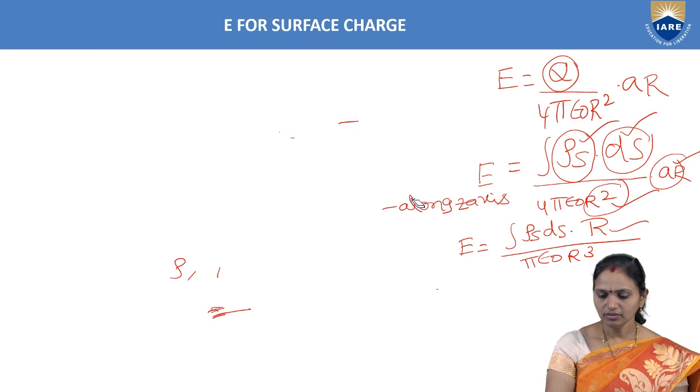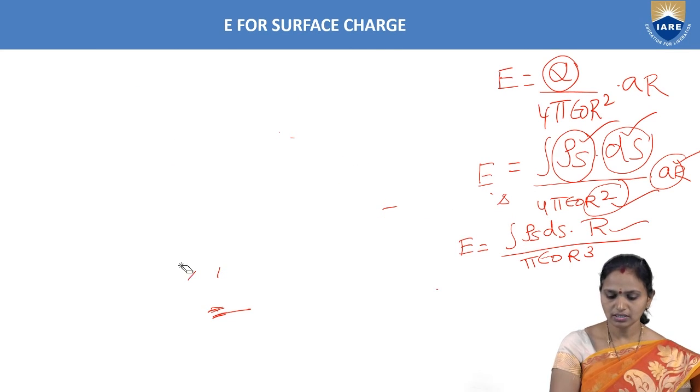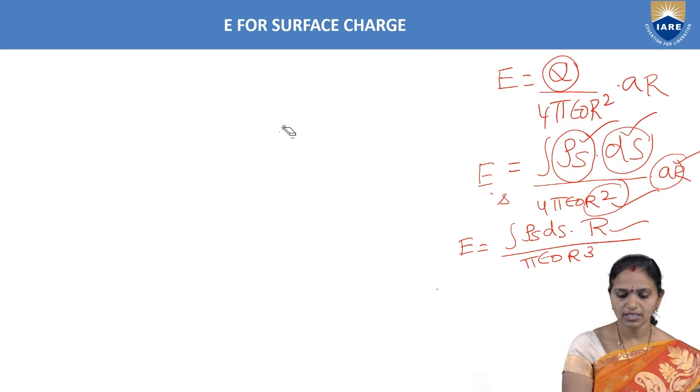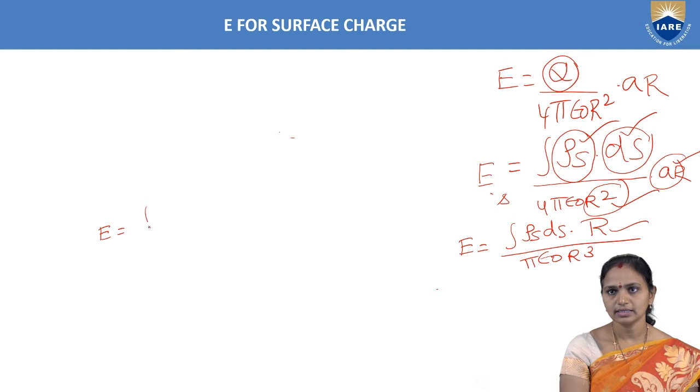So now for that, we'll write this equation E again by writing this ds. Now here E equal to integral rho s, ds.